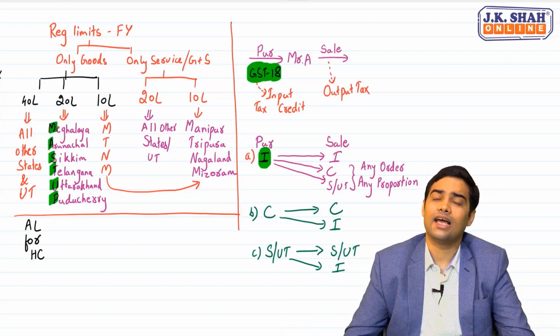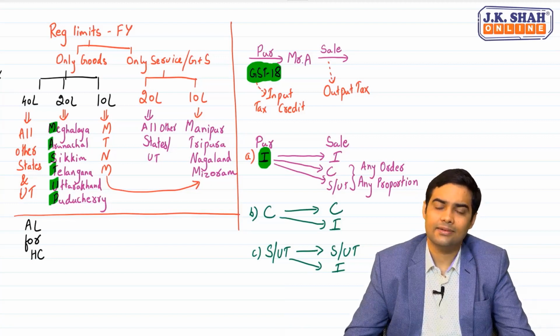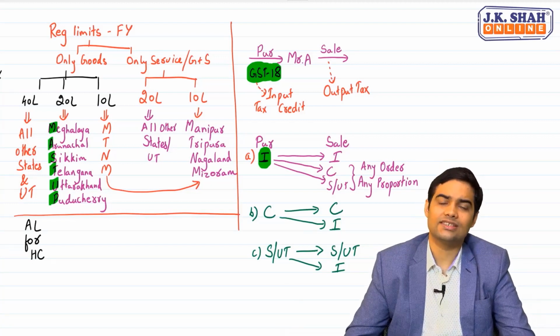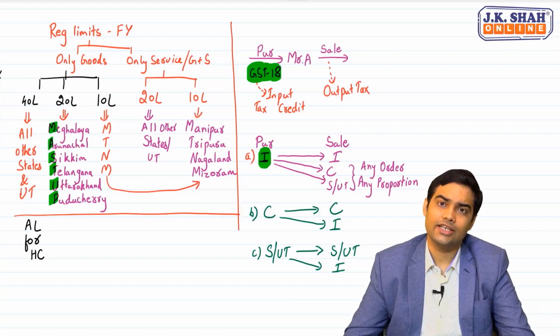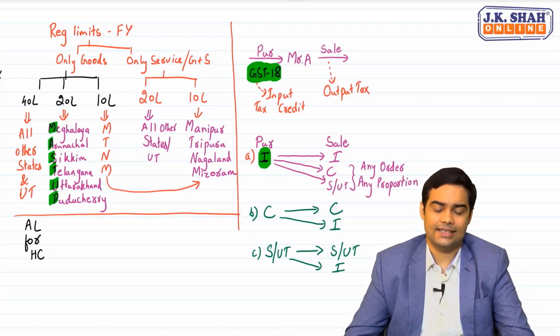Never would it be liable to GST unless the constitutional provisions are amended, because constitutional provisions clearly provide that alcoholic liquor for human consumption would not be liable to GST. Now, when we talk about alcoholic liquor for human consumption, you should be very careful about some things.